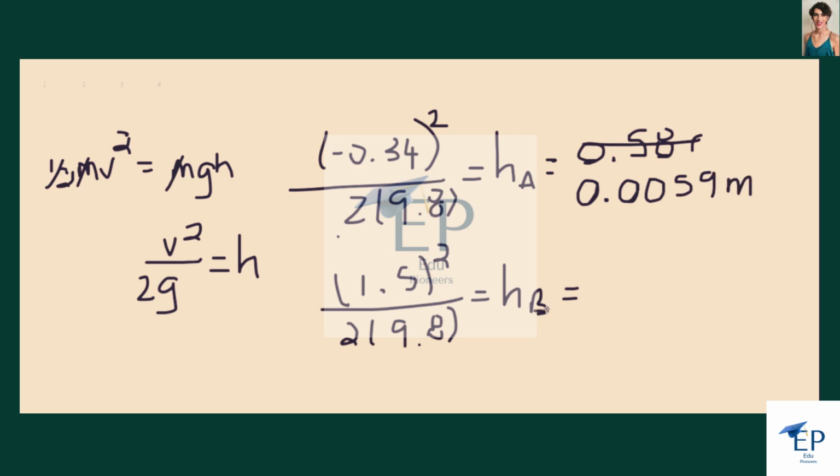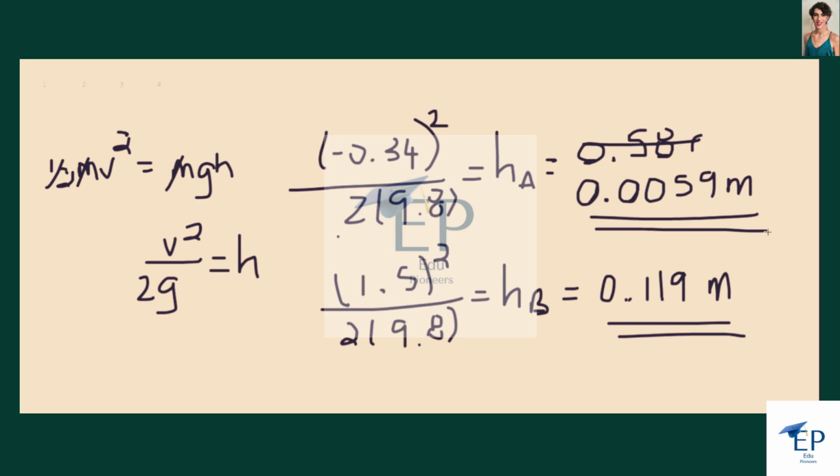And then for the height of B after the collision, we get 0.119 meters. And these are the heights of the masses after the collision.